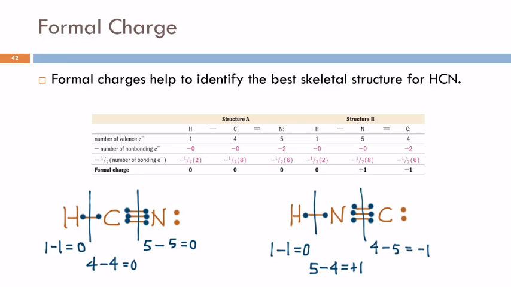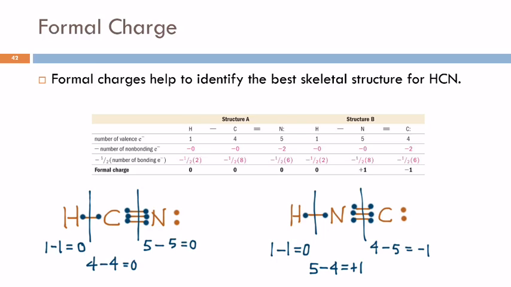Which is more electronegative, carbon or nitrogen? Which is closer to fluorine? Nitrogen. And so this is not a happy situation. If we have to have these formal charges, then nitrogen should have the negative one. So this is the best structure.